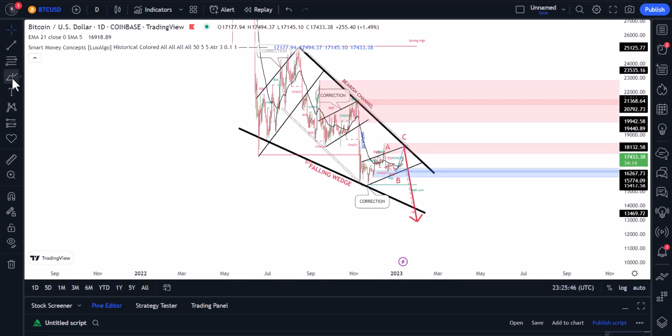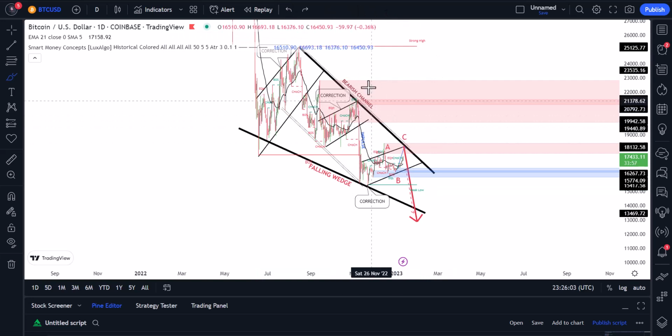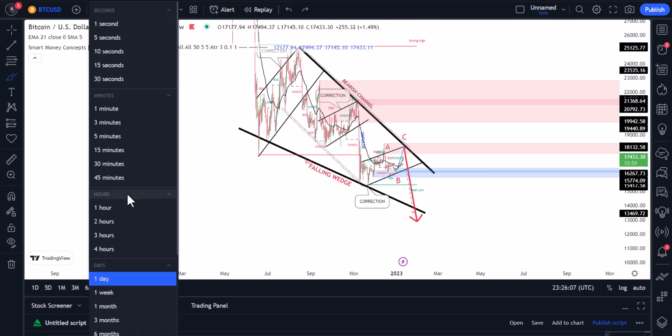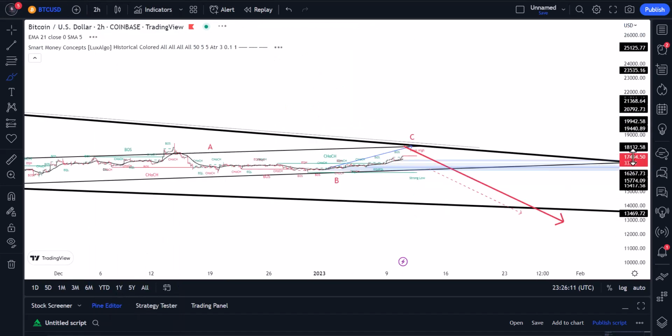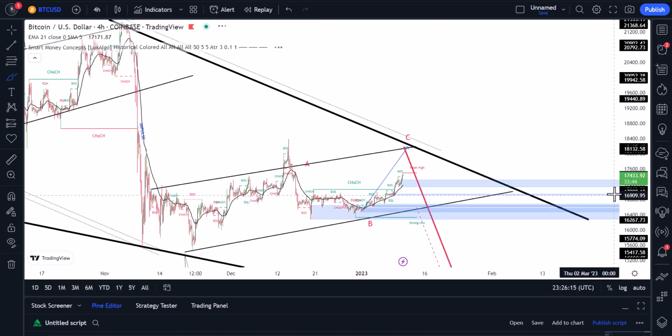First of all, we have the rising wedge, sorry, the falling wedge, and after that this is the bearish channel. Two things. After moving in the shorter time frames, let's just move towards the H4.